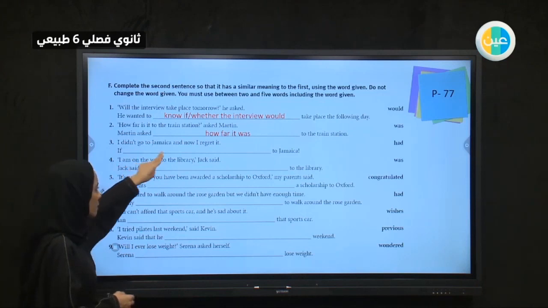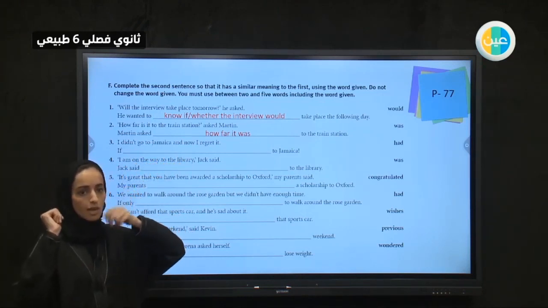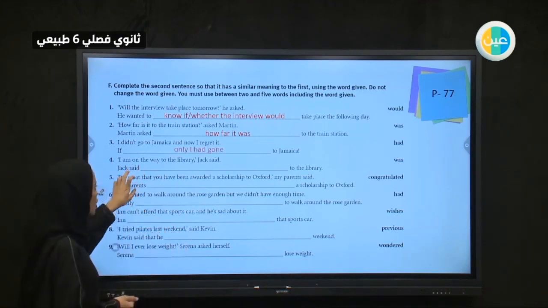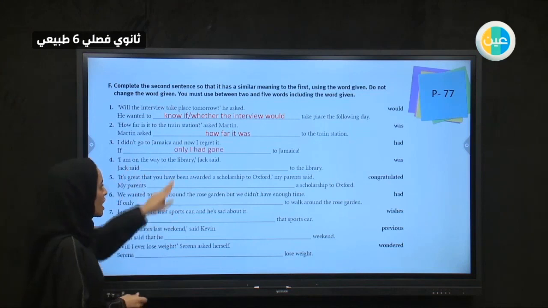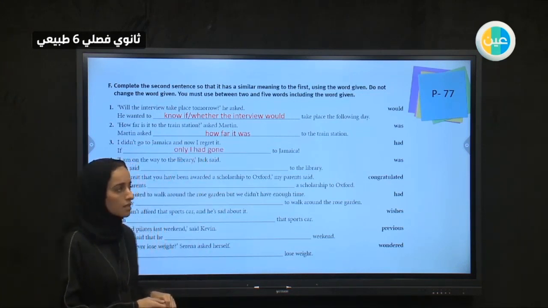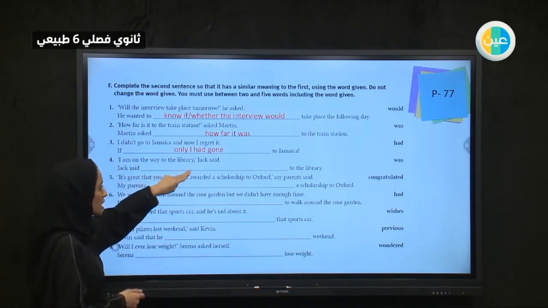I didn't go to Jamaica and now I regret it. It's a regret for something that happened in the past. We would say, if only, or I wish I had gone. Not "went," it is "had gone" because it is a regret. Next: I am on the way to the library, he said.